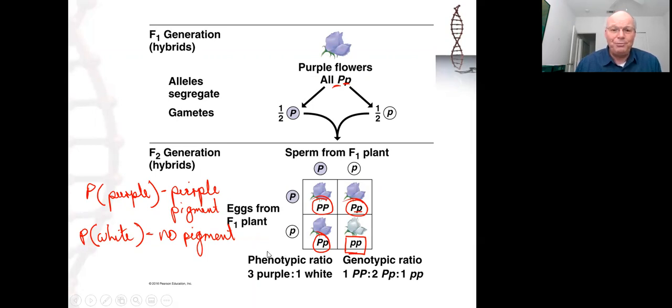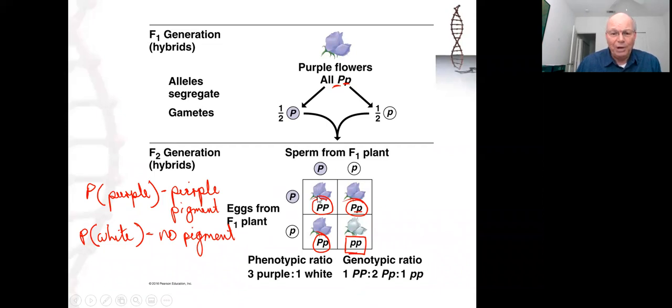So the phenotype ratio is the 3 to 1 ratio. And that's true for any Mendelian monohybrid characteristic. If we're talking about monohybrids, and something that is inherited in a Mendelian fashion, then in the F2s, the ratio is always going to be 3:1 for the phenotypes. The genotype ratio, however, is 1:2:1.